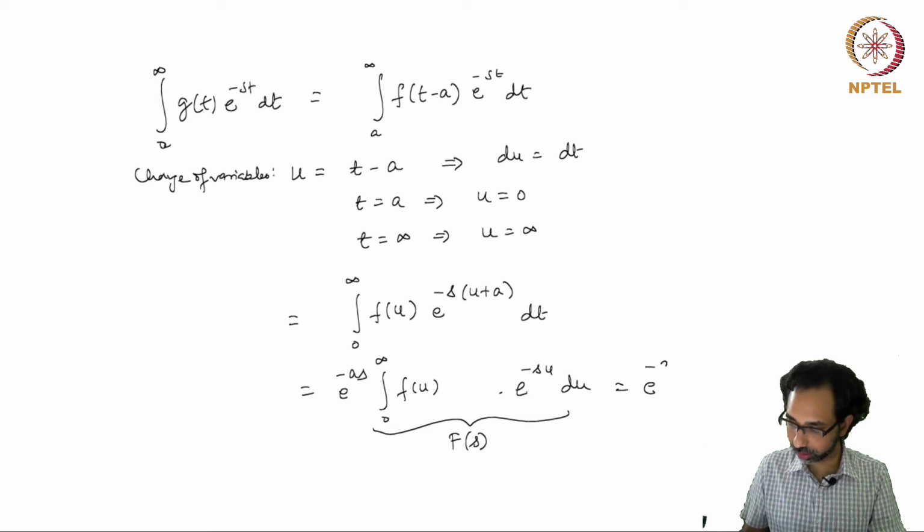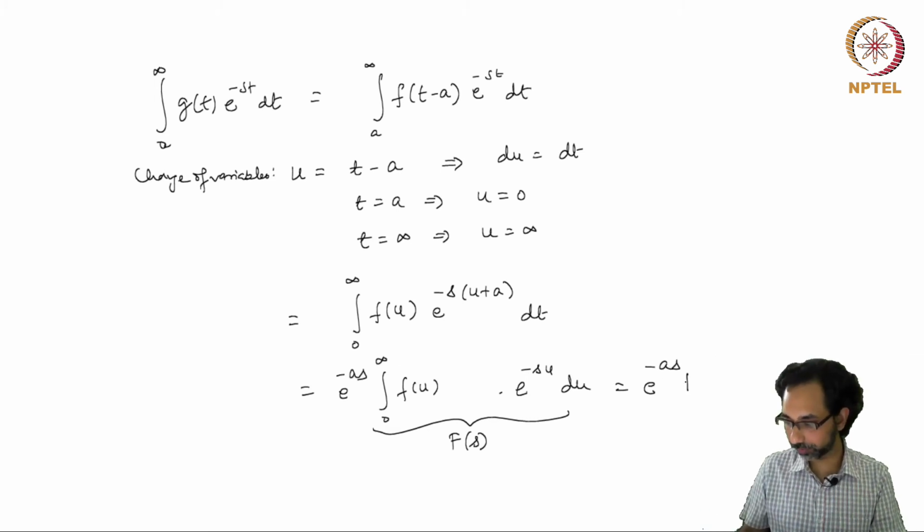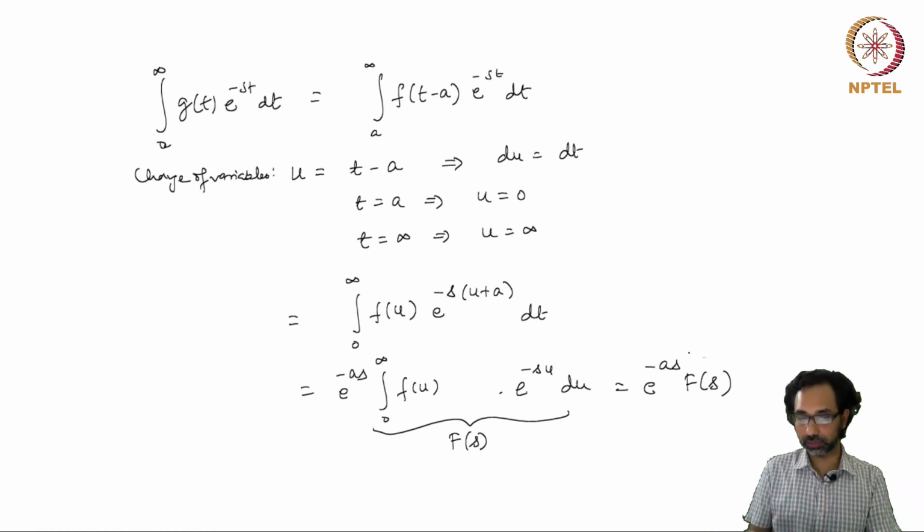Therefore, in the end we get as answer that the Laplace transform of g(t) is simply exponential of minus as times F(s). Now note that if F(s) is defined for s greater than alpha, in this region s greater than alpha, then the Laplace transform e to the minus as F(s) is also defined for s greater than alpha.